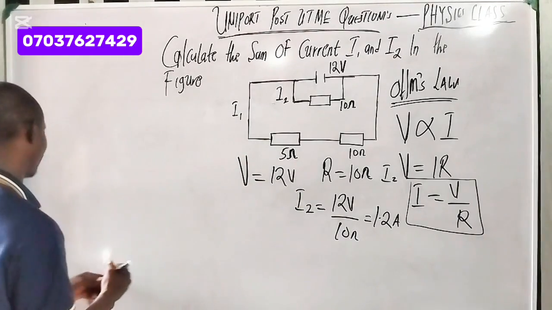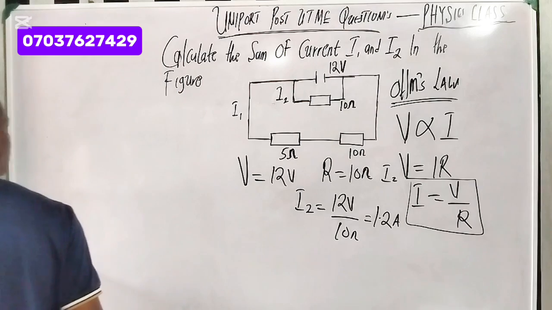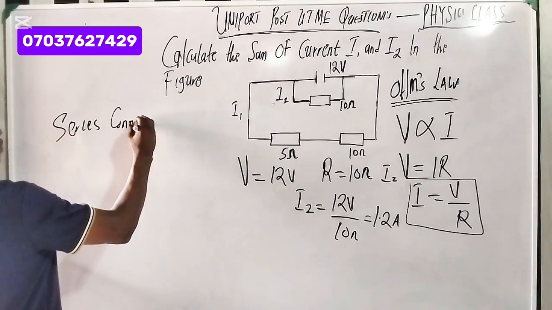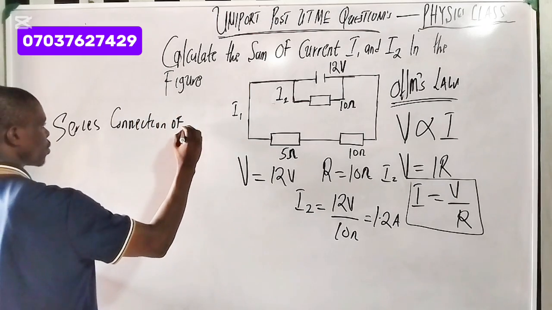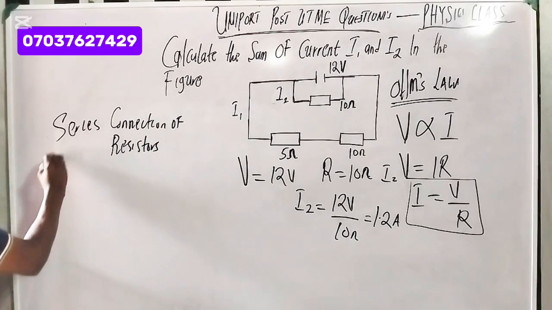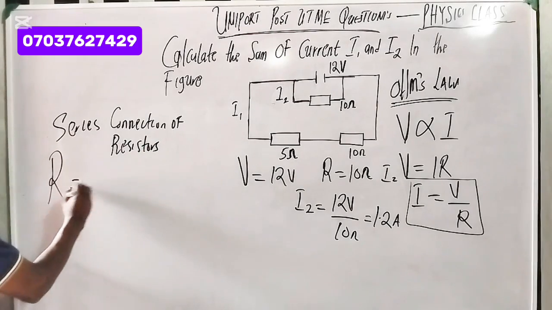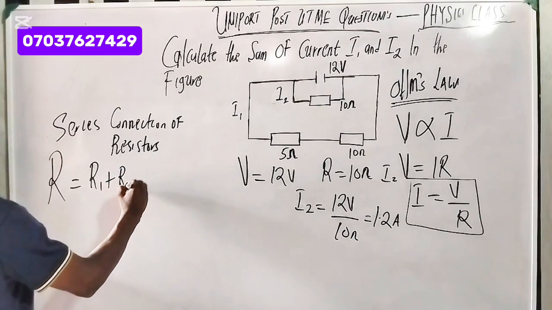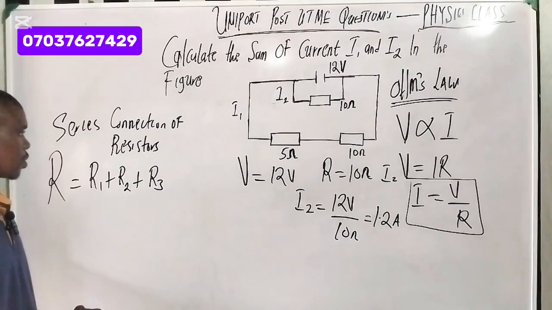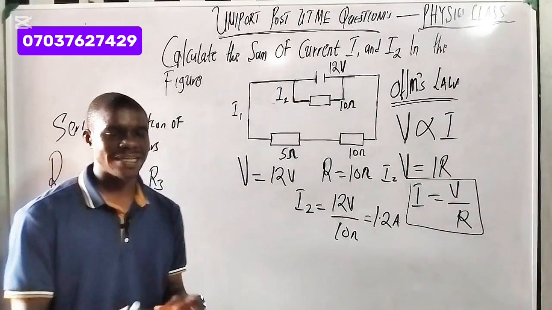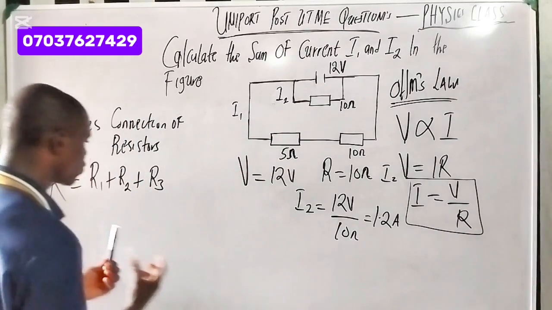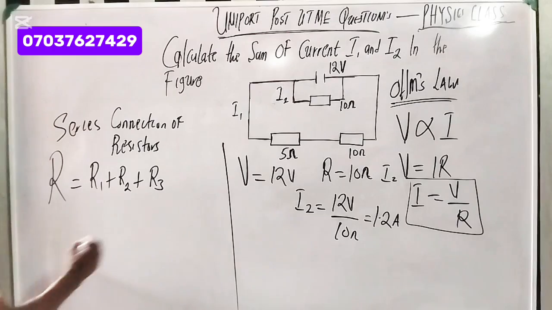When it comes to series connection of resistors, your equivalent resistor, that is the total resistor, equals R1 plus R2 plus R3. That is called series connection. When resistors are connected in series, the equivalent resistor is the sum of them.